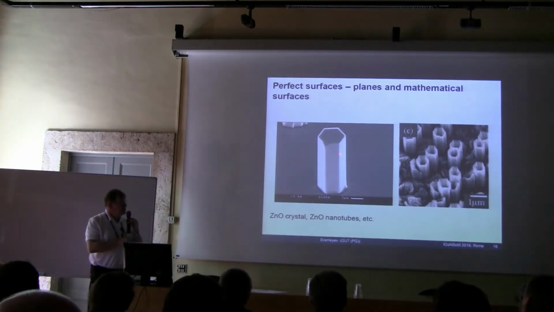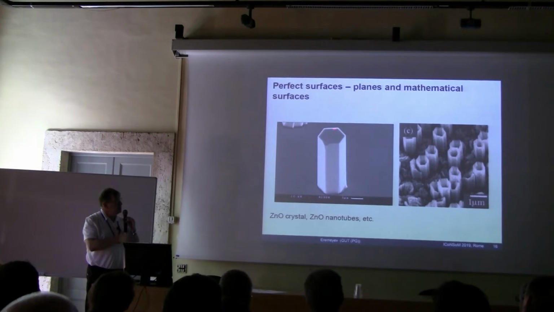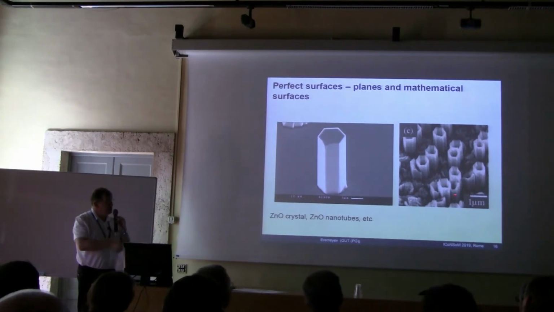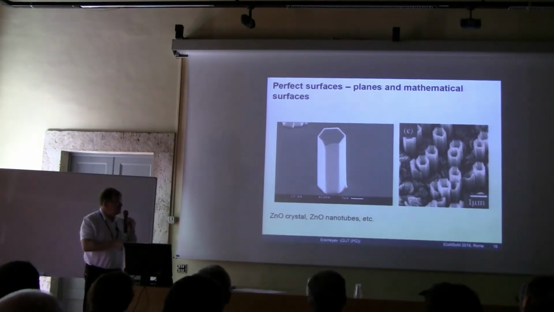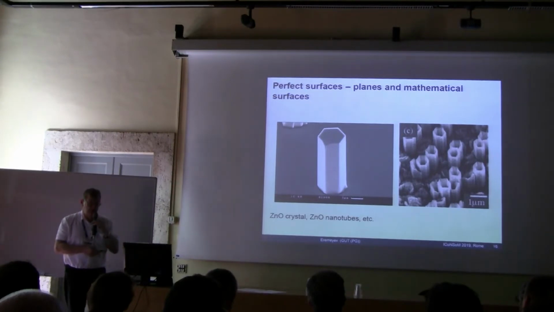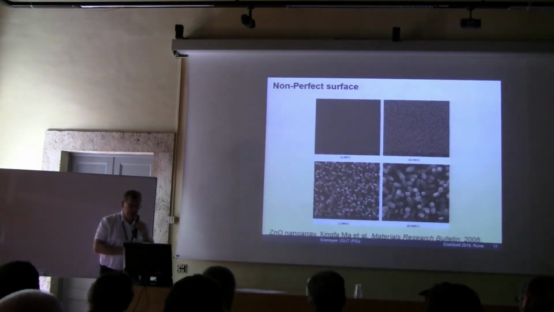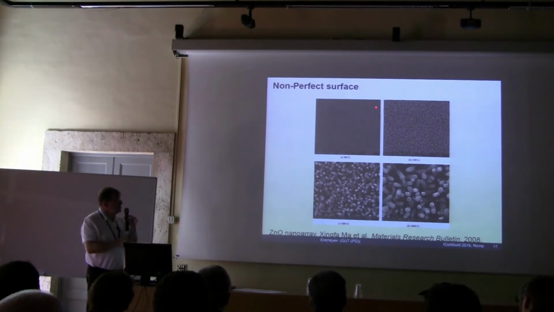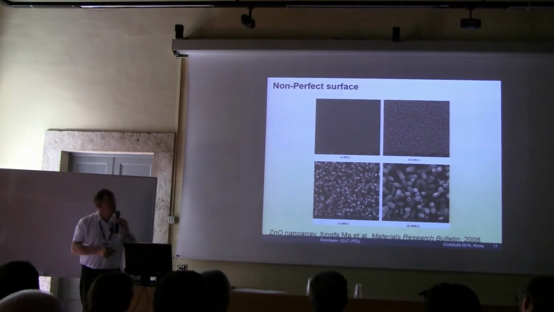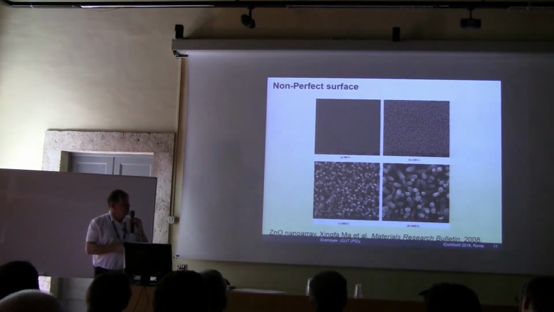So it is just a monoatomic plane. You can see the crystal, these nanotubes, they are quite perfect, mathematically almost planes, so it is a prism. Examples of non-perfect surfaces are much more interesting.